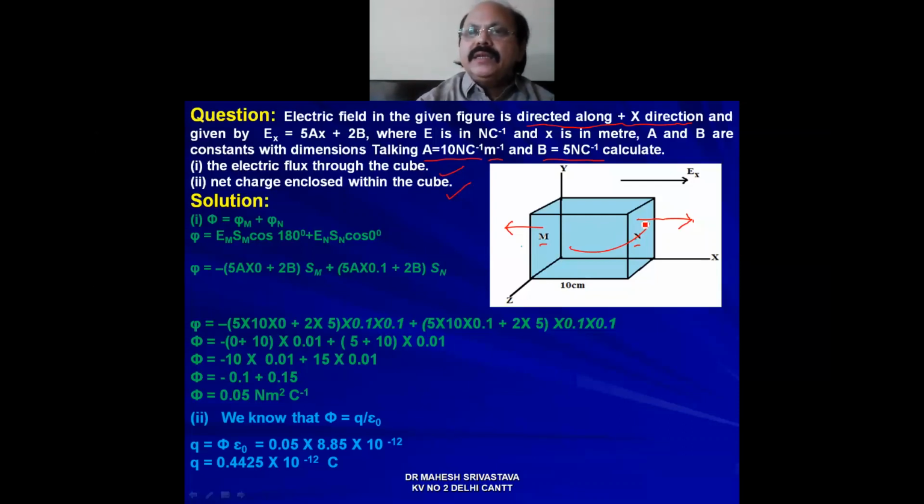Here they are in opposite directions. Then the total electric flux is the algebraic sum of the flux due to the N surface and the M surface.